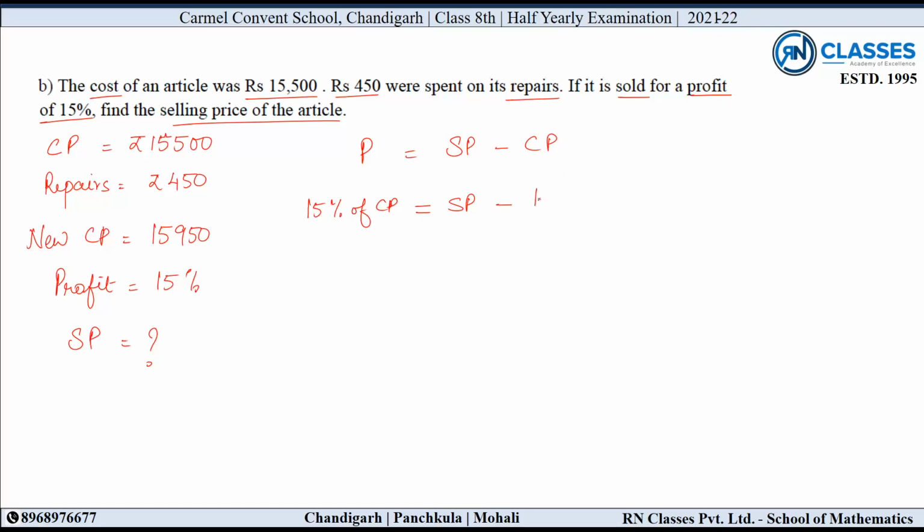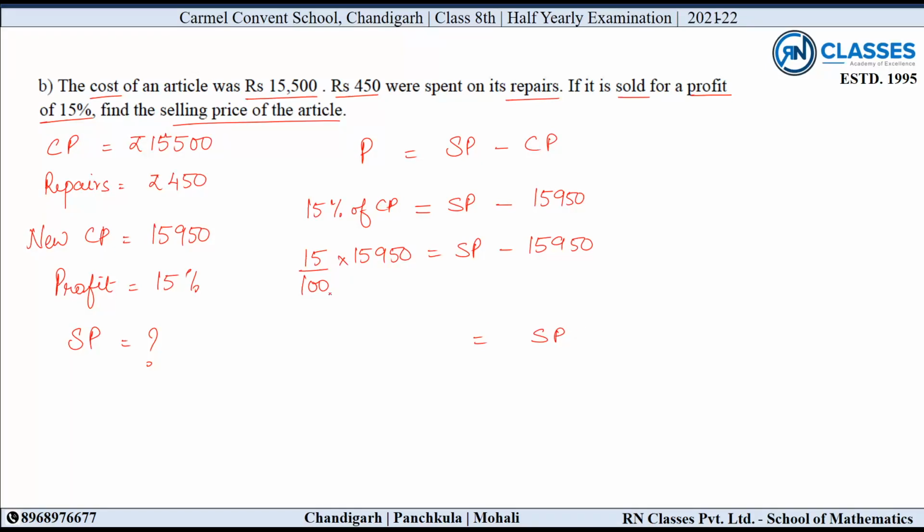Cost price is 15,950. Right? So 15% of 15,950 is equal to selling price minus 15,950. We have to change the side of 15,950, right? So selling price would be equal to, मैं selling price को इधर लिख लेता हूँ.